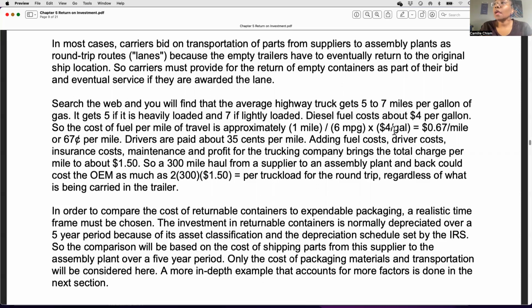So you're paying 67 cents per mile for fuel, and then drivers might get 35 cents.